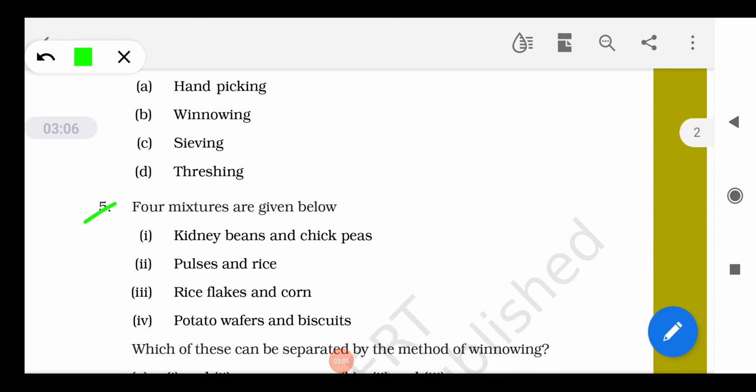क्वेश्चन नंबर 5. 4 mixtures are given below: kidney beans and chickpeas, pulses and rice, rice flakes and corn, potato wafers and biscuits. Which of these can be separated by method of winnowing? तो इसमें winnowing method यूज किया जाएगा.